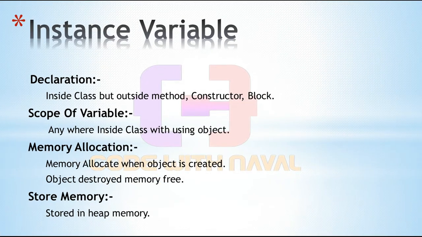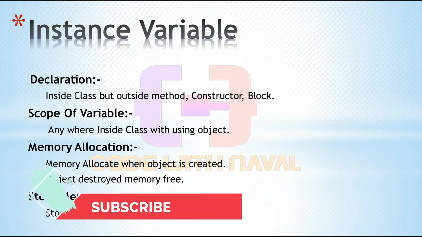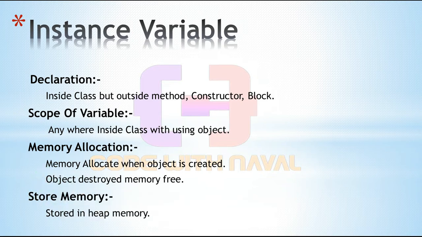After the local variable, we have an instance variable, which some people call a global variable. We declare an instance variable inside a class but outside a method, constructor or block. What is the scope of an instance variable? We can access it anywhere inside a class, but we have to create an object and only then can we access that instance variable.